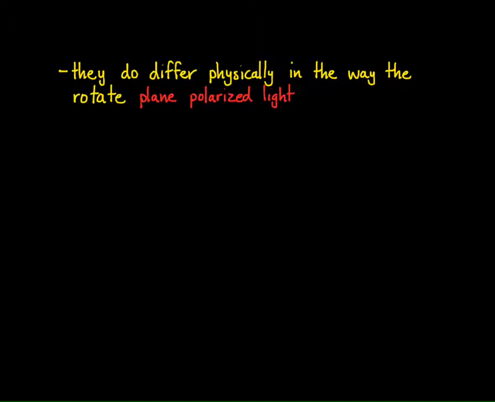What is plane polarized light? Well, I'll show you a diagram in just a little bit, but the idea that a molecule rotates plane polarized light is called optical activity, right? So if a solution rotates plane polarized light, then it's called an optically active solution.